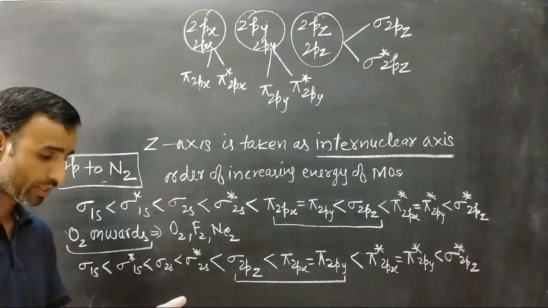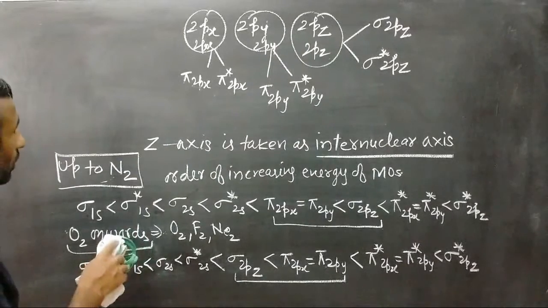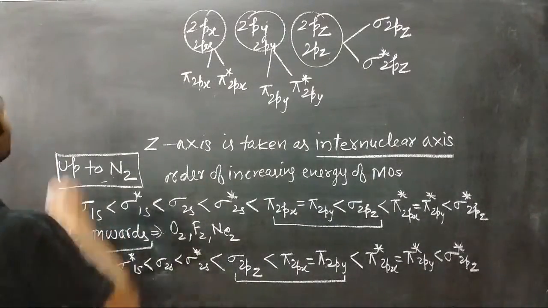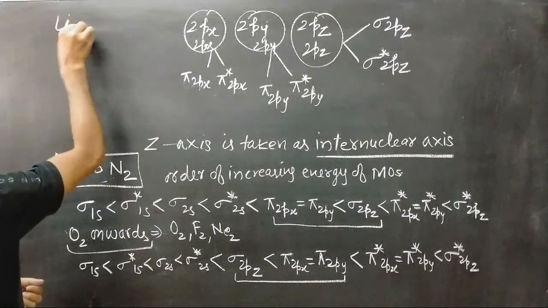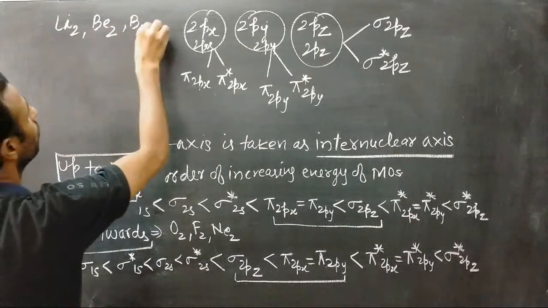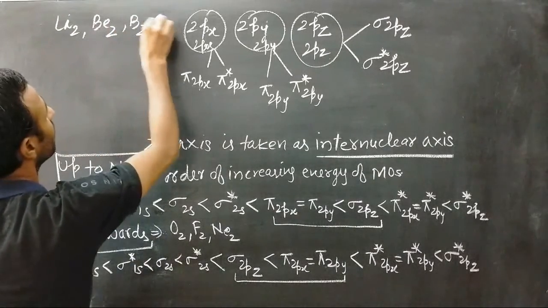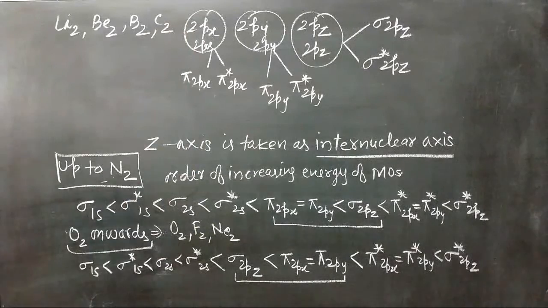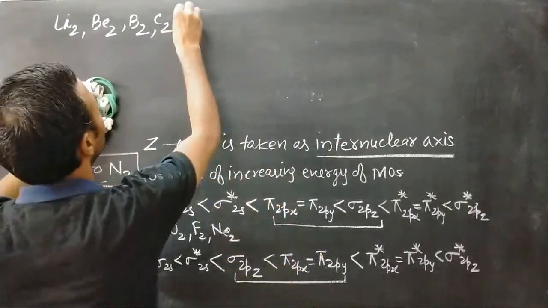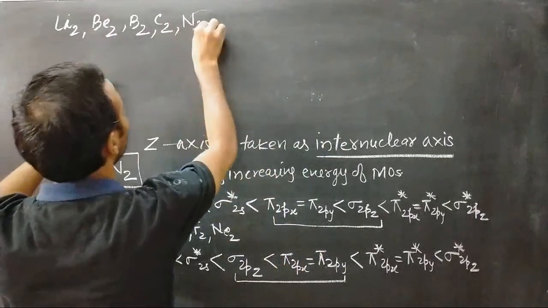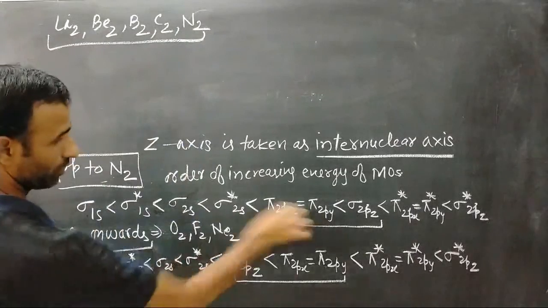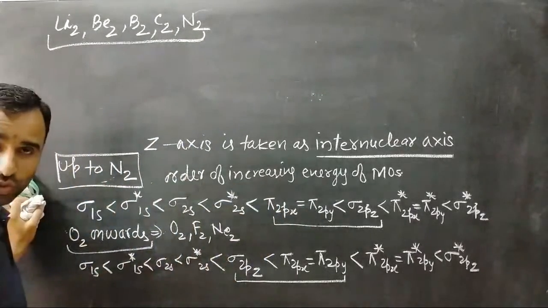Up to, meaning if you write for lithium 2, beryllium 2, boron 2, then carbon 2, or nitrogen 2, you will follow this order to fill the electrons.